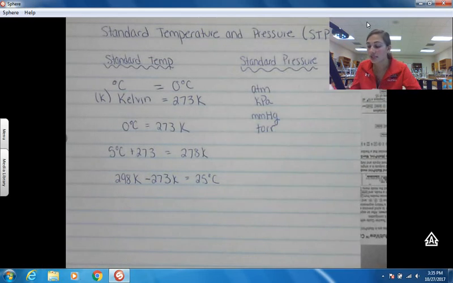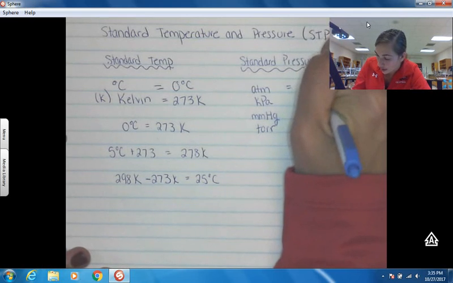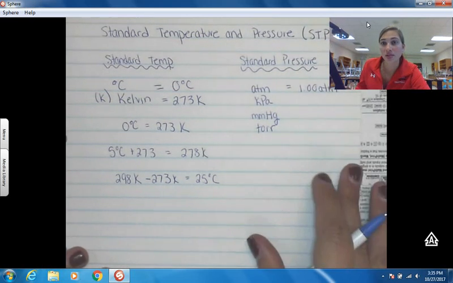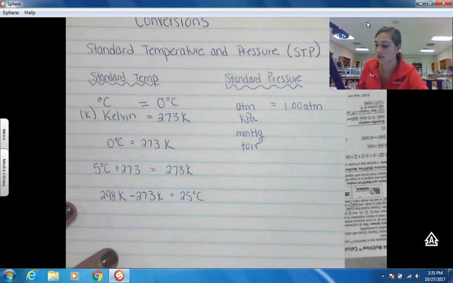So our standard pressure is at 1.00 atm. Now again, our standard pressures are talking about when we are at sea level. That's what this represents.